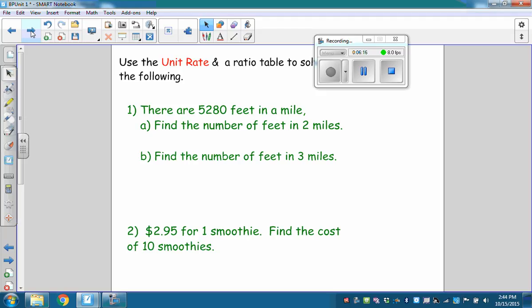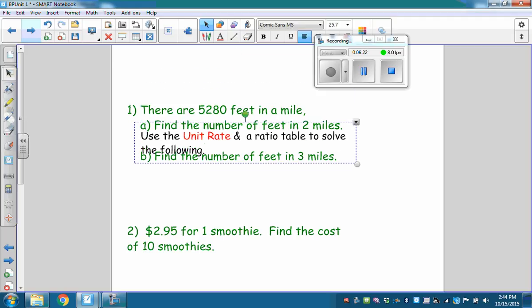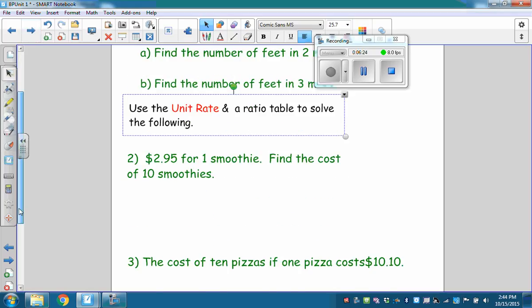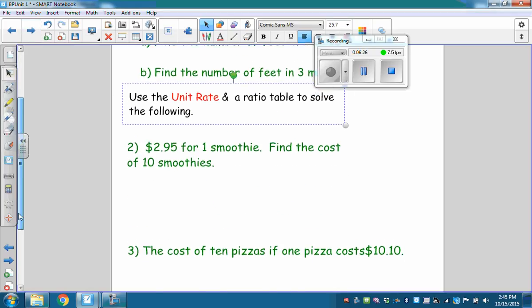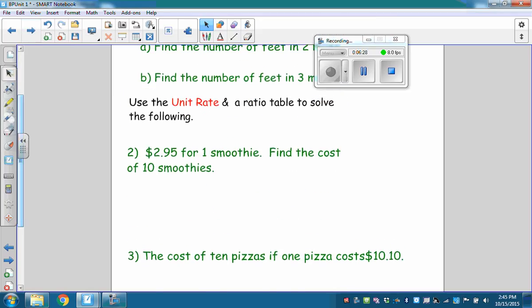There's a couple of examples here, but we're going to look at the second one. I want you to use the unit rate in a ratio table to solve the following problems. Ideen, since you love these, you're going to set me up in a ratio table. Instead of finding the unit rate, you're using the unit rate. In this problem, which is the unit rate?